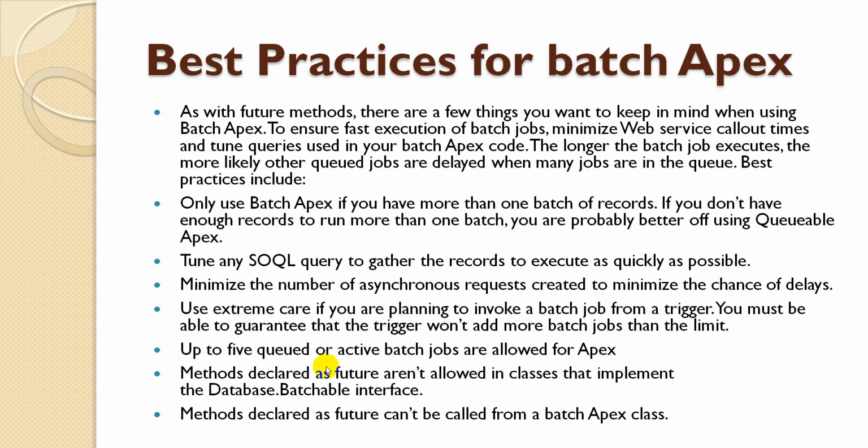Up to 5 queued or active batch jobs are allowed for Apex. Only 5. And methods declared as future aren't allowed in classes that implement the Database.Batchable interface. Methods declared as future cannot be called from a batch Apex class.